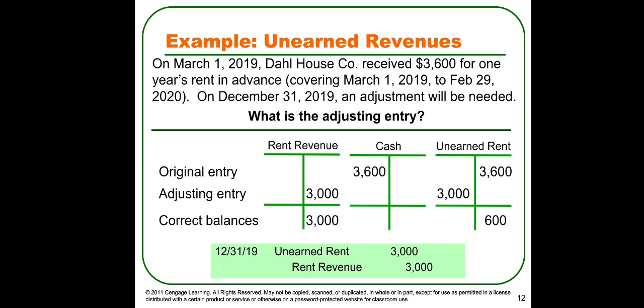So debit the liability account unearned rent 3,000, credit rent revenue 3,000. This is the number 4 adjusting entry.